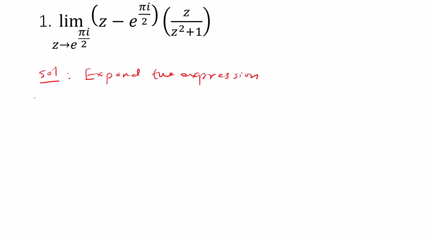So if we do that, then we have the limit as z tends to e^(πi/2) of z squared over z squared plus 1 minus e^(πi/2) z over z squared plus 1.